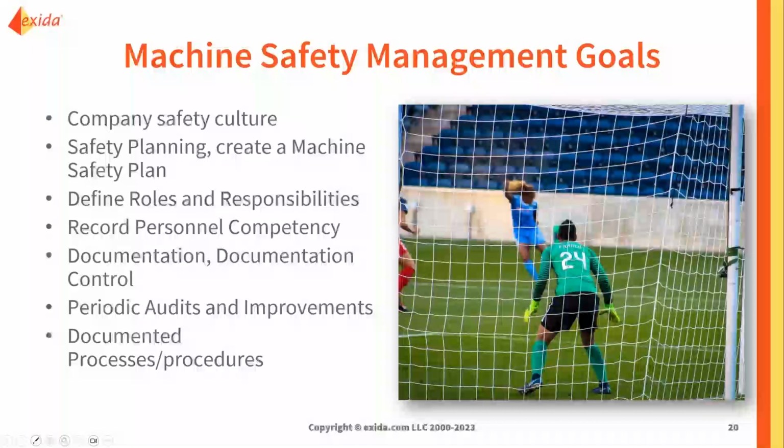Establishing a safety plan, documenting the formal requirements for that machine safety plan, for the roles and responsibilities, who's going to be doing what, building competency, having rigorous documentation, and then doing audits over time to make sure that you are checking progress, making adjustments where needed, and continuing to improve, continuing to build a better program.